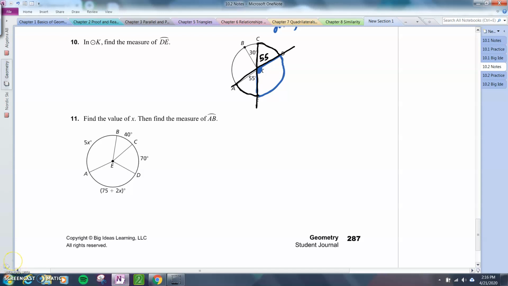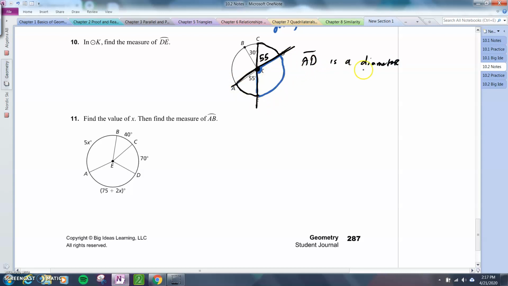Now what else can I figure out here? Well, if I just back up, it looks actually like AD is a diameter because it goes through the center. That segment is a diameter. And a diameter cuts the circle in half.